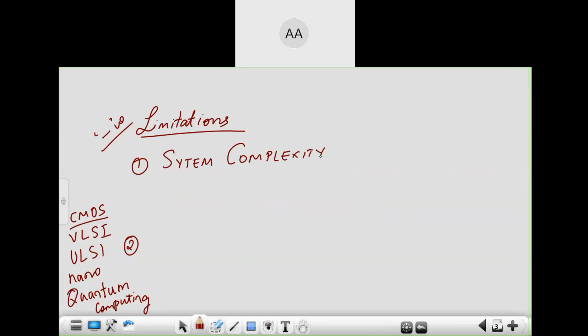So what Suman meant was probably that the system's complexity is increasing. If that is what you meant, it is correct. But if you meant that fabricating this is difficult, fabrication technology has improved very much. In India, it is not there much, but if you go to other countries, they are very well equipped in manufacturing these electronic chips, whether it's a DSP processor or a VLSI chip.